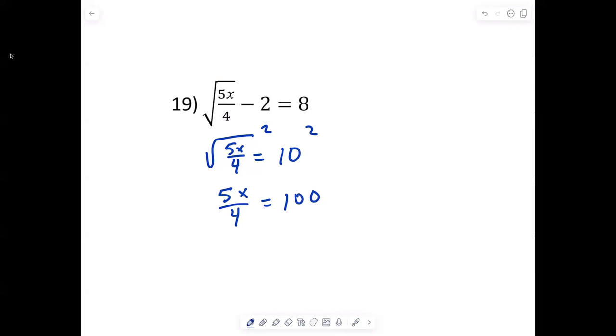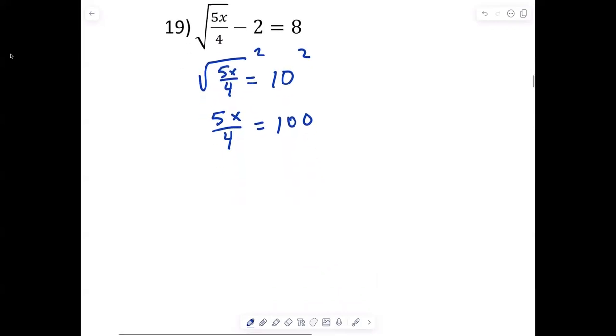Now to get rid of a fraction, we say multiply by the reciprocal, so x is equal to, someone? You should divide first. 100 divided by 5 is what? 20 times 4. 80.